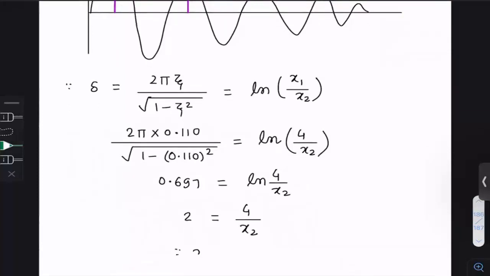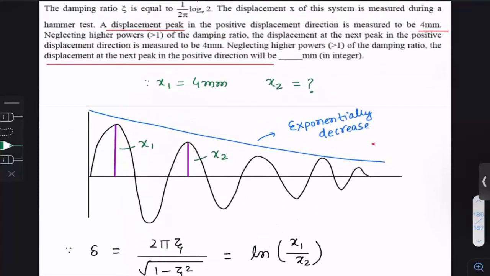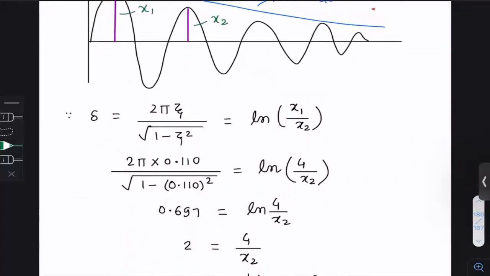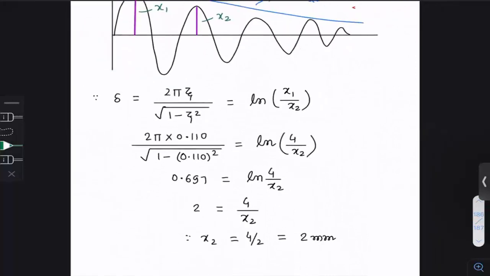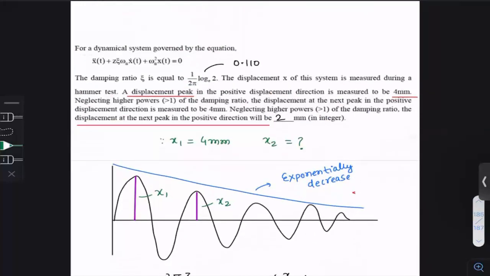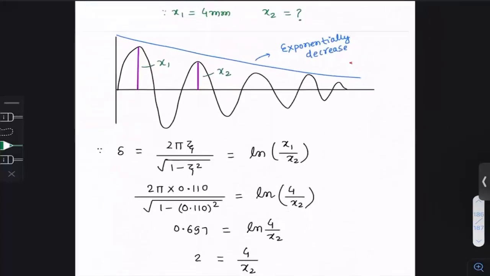Therefore, x2 is equal to 4 by 2, whatever the data unit is, mm. Therefore, the right answer is 2 mm. Quite simple problem it is, my dear. So note down, the right answer is 2.